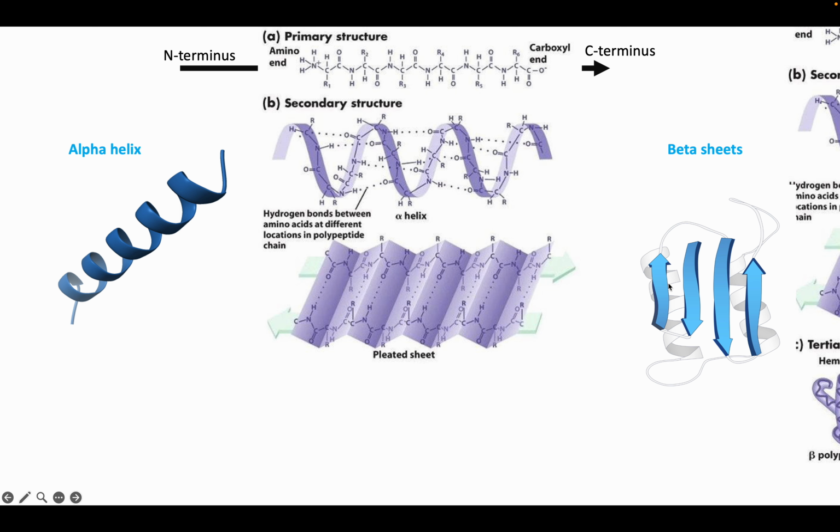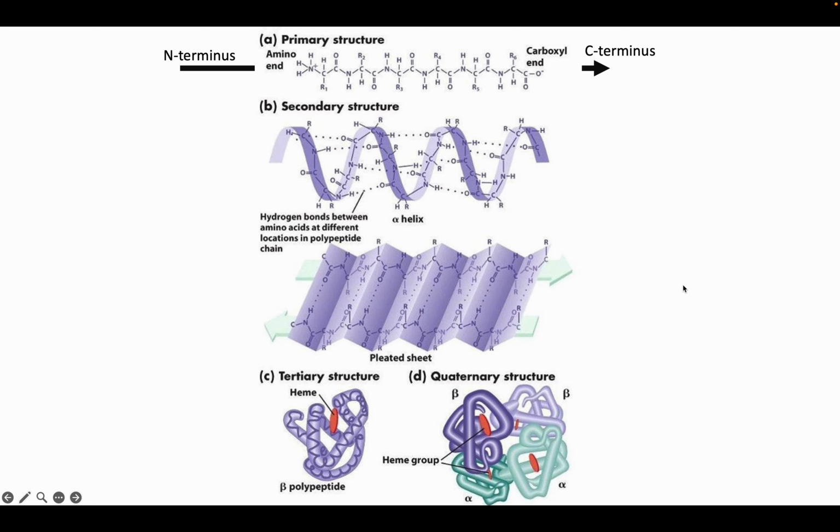And you can kind of follow them along. So this strand has a beta sheet formation, then there's an unstructured loop. It comes along and forms another beta sheet here, and this beta sheet is interacting with different beta sheets of the protein. So, okay. Then we have tertiary and quaternary structure.